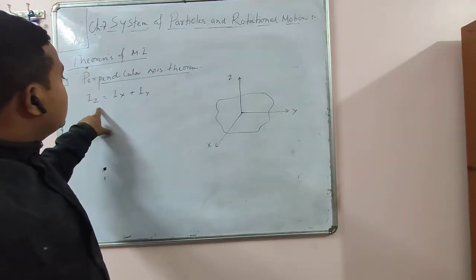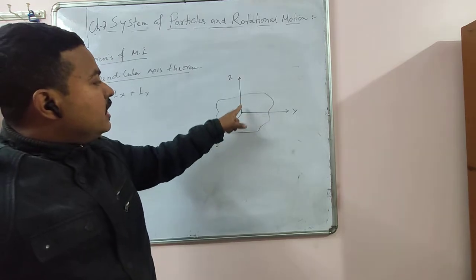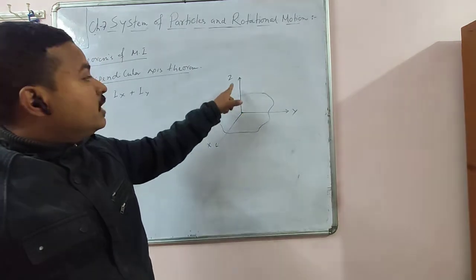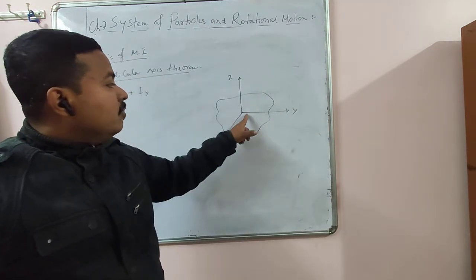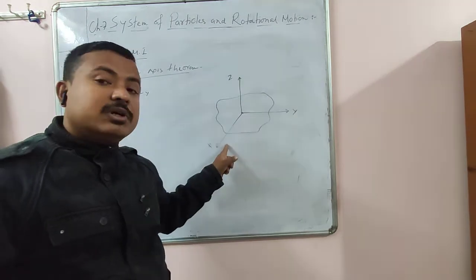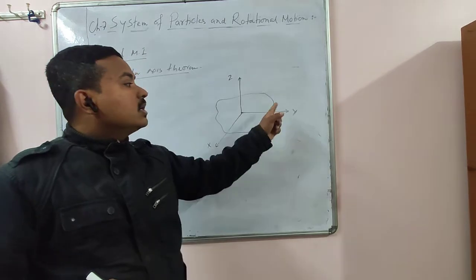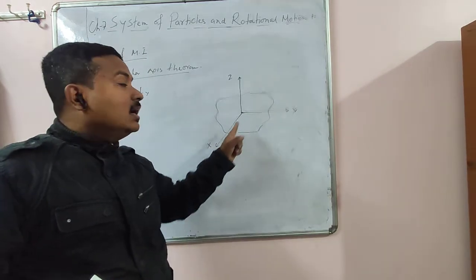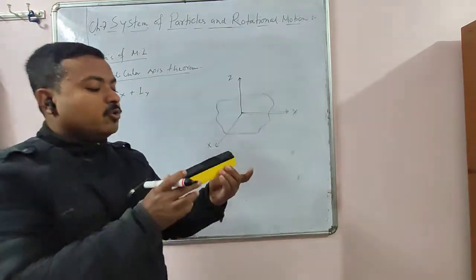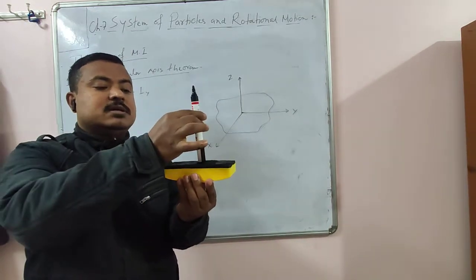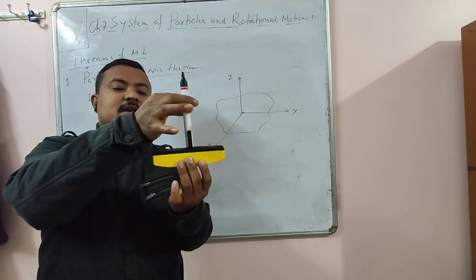Here Iz means the moment of inertia of the body about the axis passing through the center and perpendicular to its plane. And what are Ix and Iy? The moment of inertia of the body about any other 2 axes which are mutually perpendicular but lying in the plane of the body. For example, suppose this is a body, this will be the z axis, which is passing through the center and perpendicular to its plane.